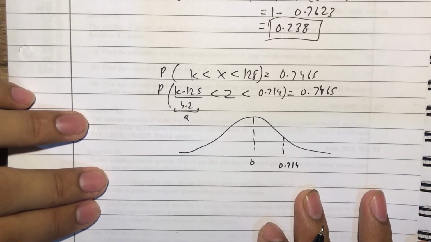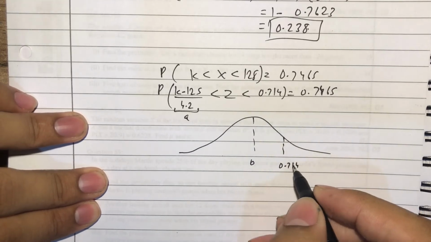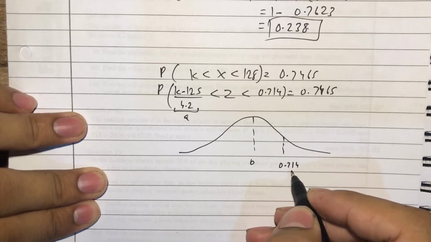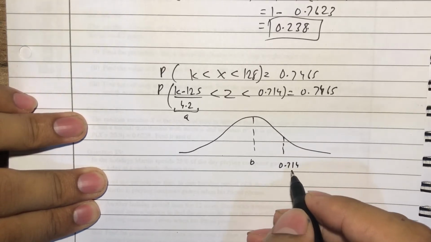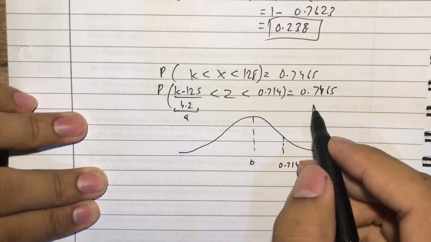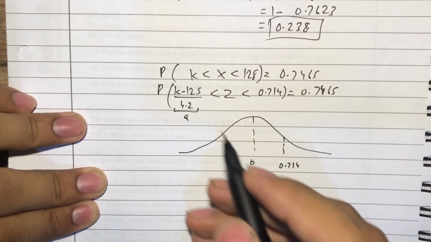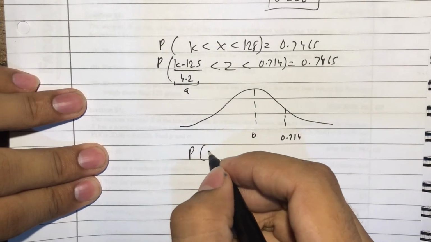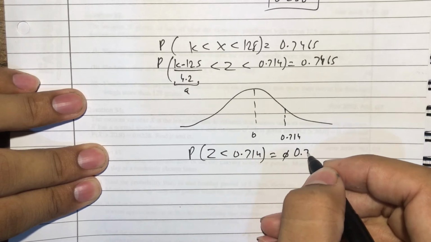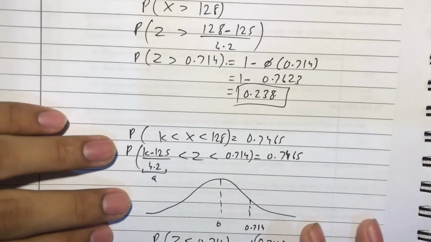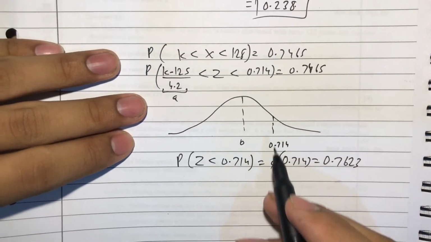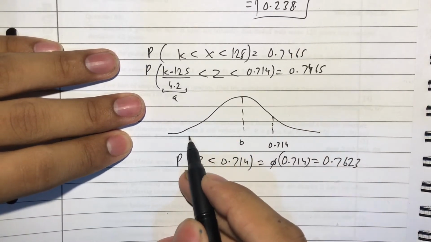What we know is that if we find the probability of z less than 0.714 and subtract from that 0.7465, we'll get the probability less than this, right? So probability of z less than 0.714 is equal to phi 0.714, which is 0.7623. This is the probability of this whole region, right?